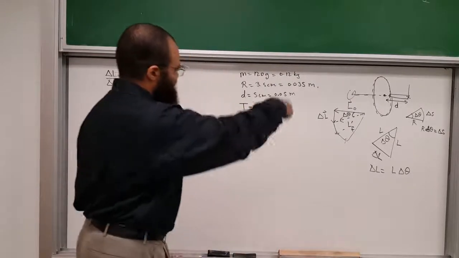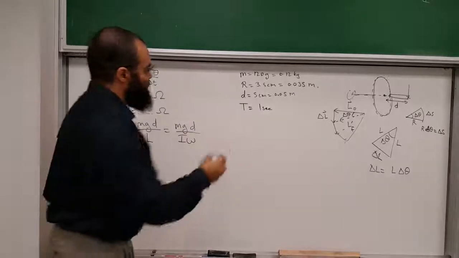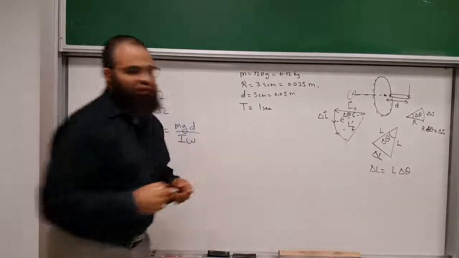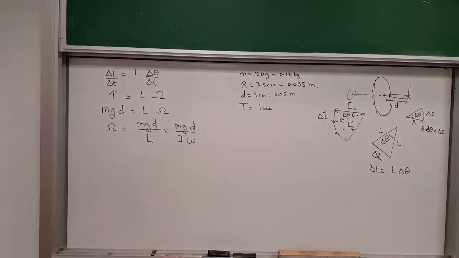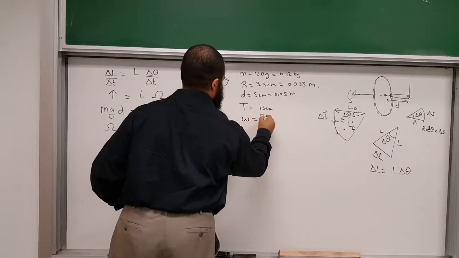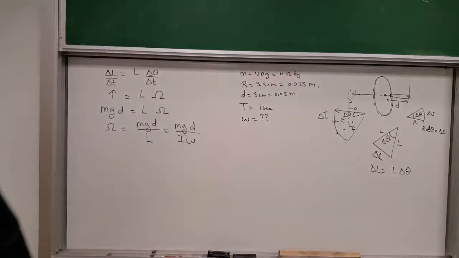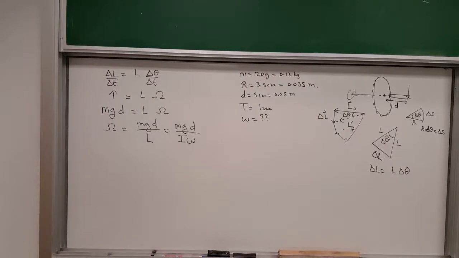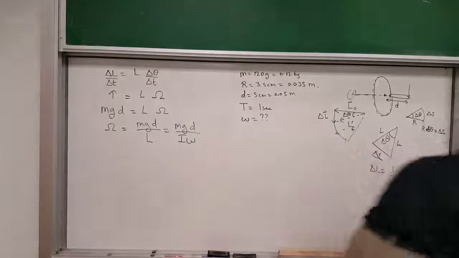If that's the period, they would like us to calculate how fast in RPM is the wheel spinning. So they say find omega. Make sure I copied everything. Okay. Sounds good.